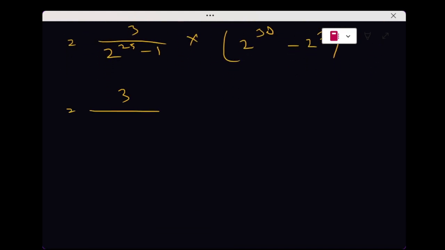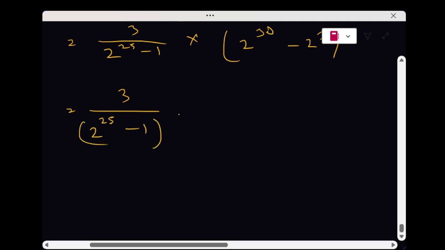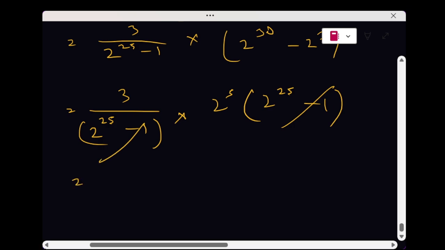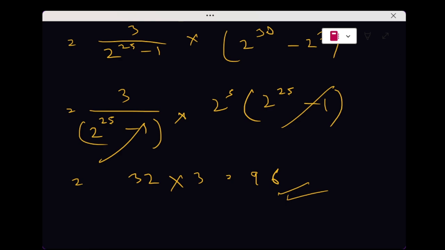Finally we get 3 by 2 to the power 25 minus 1, and we can take 2 to the power 5 as common and write 2 to the power 25 minus 1. So this will get cancelled out. So 32 into 3, that is 96. This is the answer of the question. This is a numerical type question, so the answer will be a numerical value. So the answer is 96.